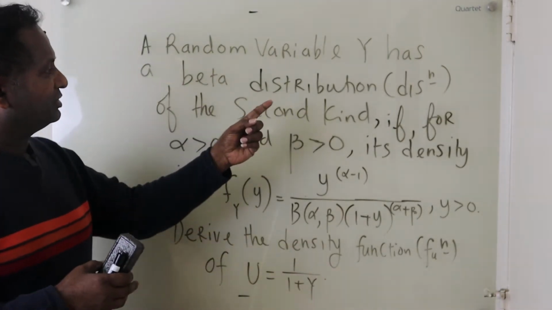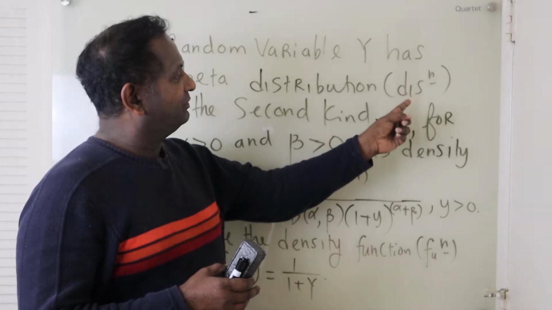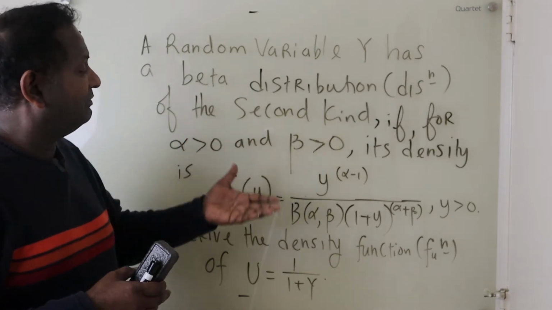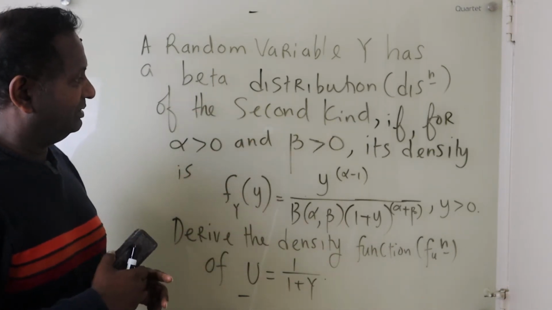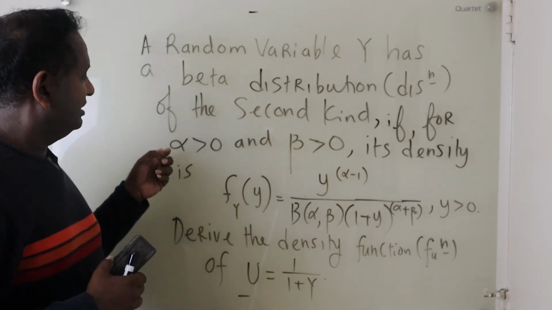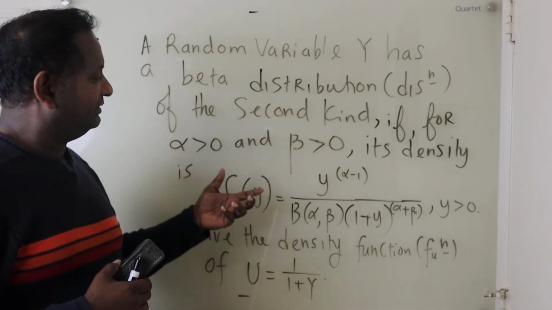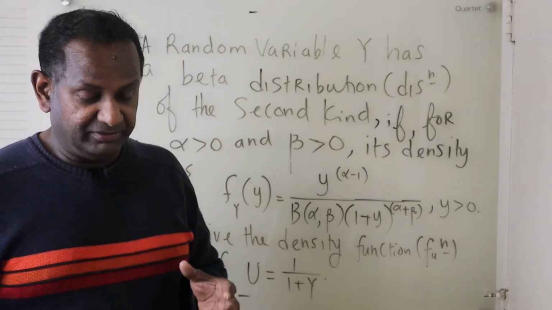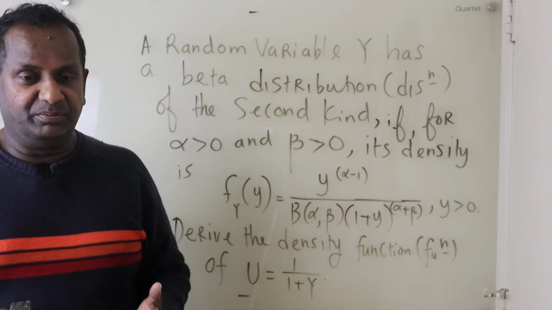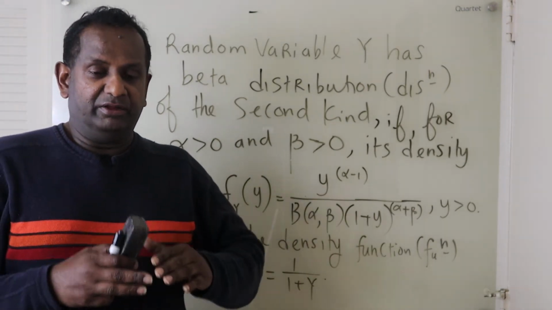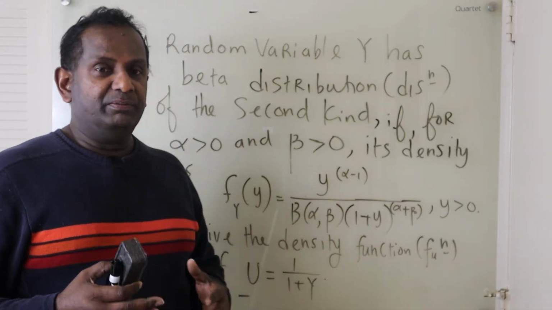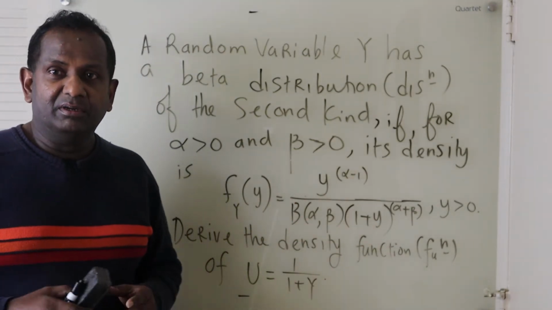So the beta distribution, I can use this abbreviation for distribution, is of the second kind, in addition to the first kind. The given parameters, alpha and beta, are both shape parameters in this case. In statistics, there are three types of parameters: location, scale and shape parameters. Those are responsible for the peakedness, lopsidedness, elongation and all kinds of properties of a given distribution.